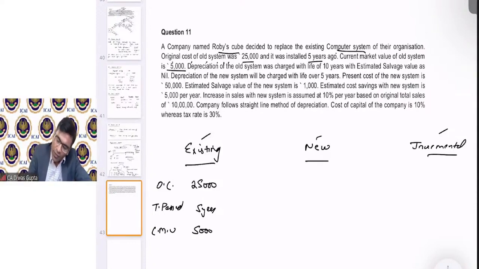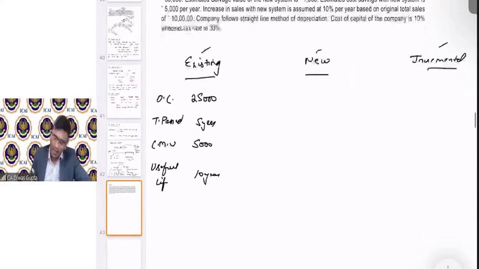Depreciation of the old system was charged with a life of 10 years. So the useful life was 10 years. Time passed is 5 years. And with the estimated salvage value as nil. So can we calculate depreciation?